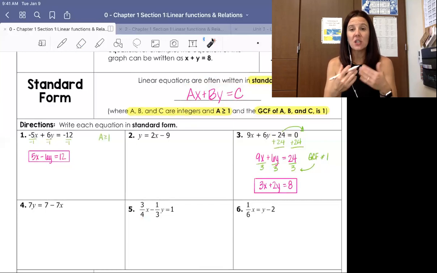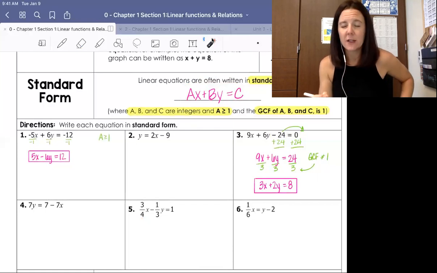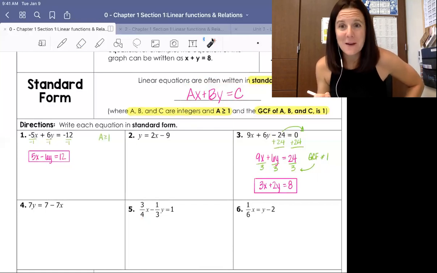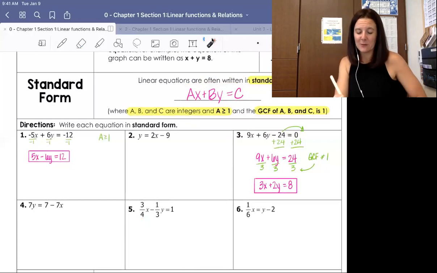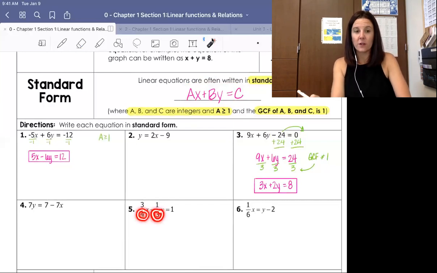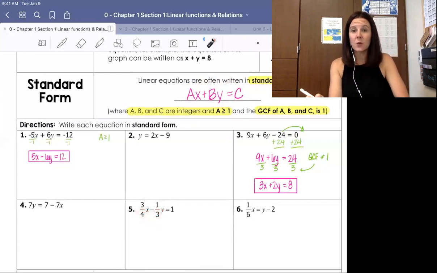We need to change them into integers, and when you want to get rid of fractions, we want to look for the least common multiple of our denominators. So the least common multiple of 4 and 3, the smallest number they both go into, is 12. And we're going to take that whole equation and multiply by 12.